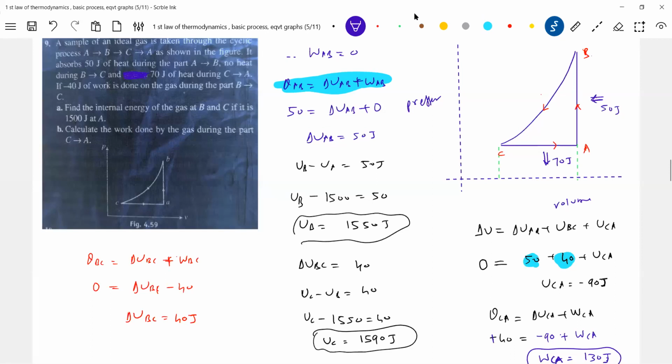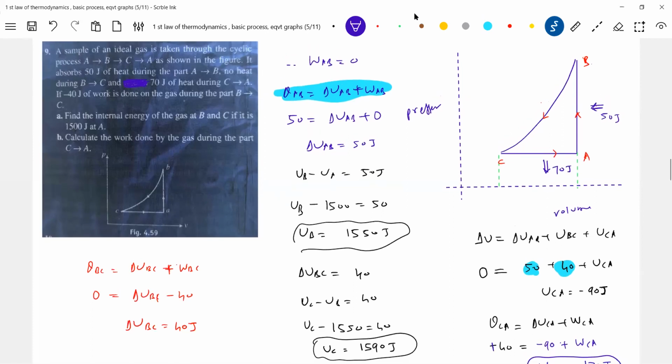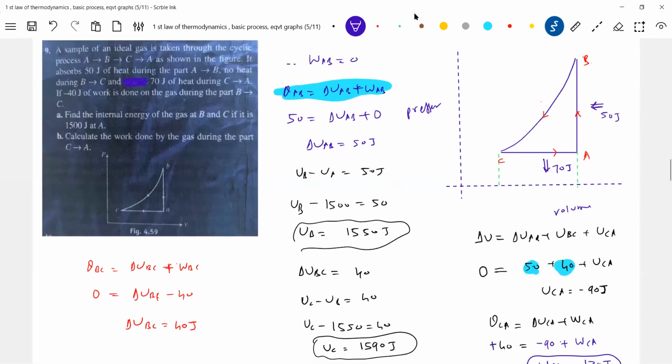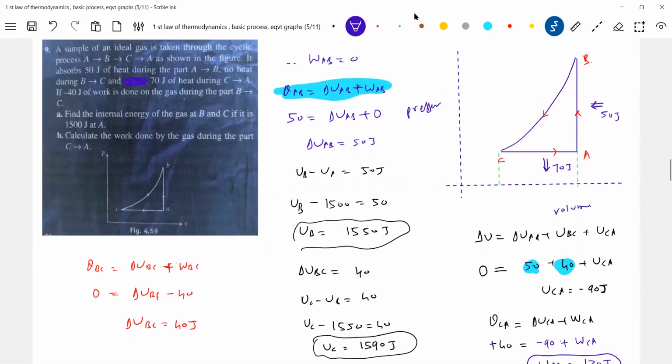Sir, in QBC, you said that you changed that to plus 40 now, sir. So it should be delta UBC minus 40 joules. Where is it? You just changed it to plus. No, 40 no, now, sir. Minus 40. Just give me time. Okay, let me adjust here.